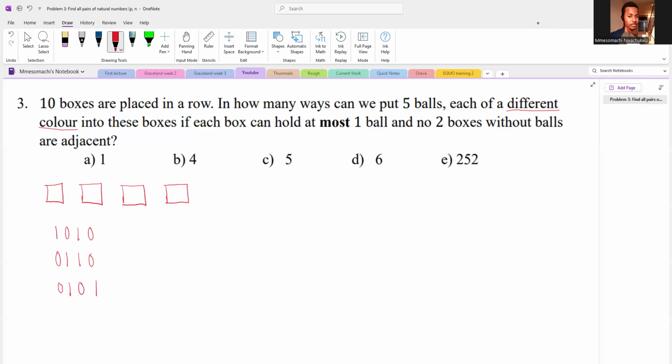And then if we look at 6 boxes and 3 balls, we can have 1 0 1 0 1 0, we can have 0 1 1 0 1 0, we can have 0 1 0 1 1 0.